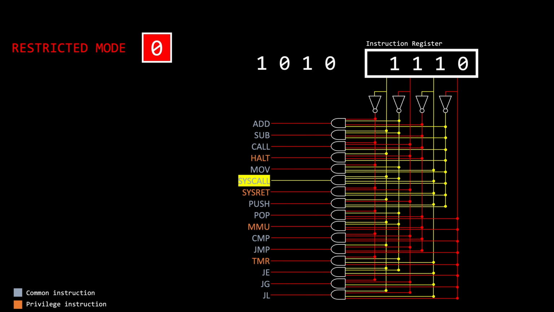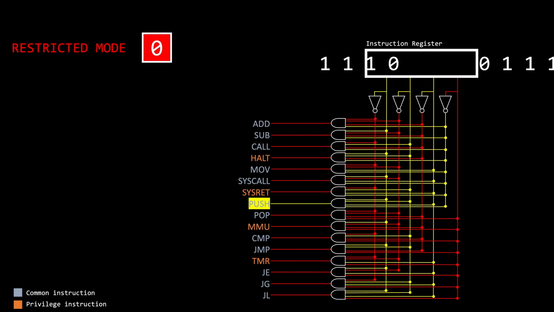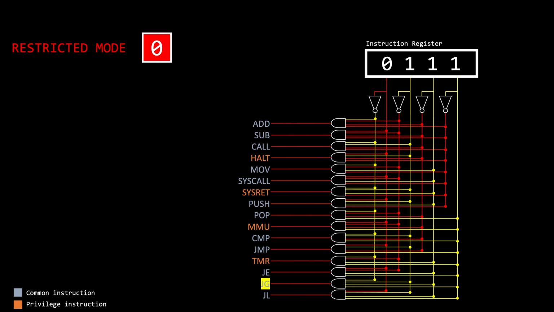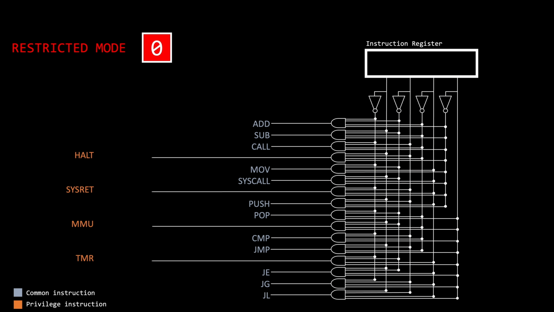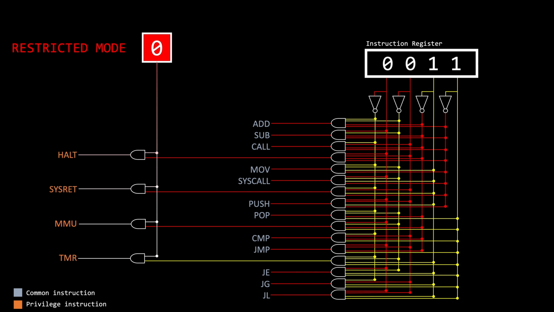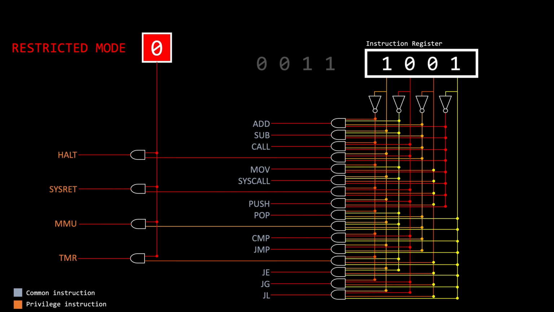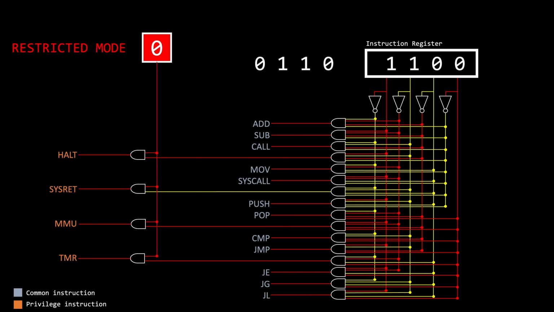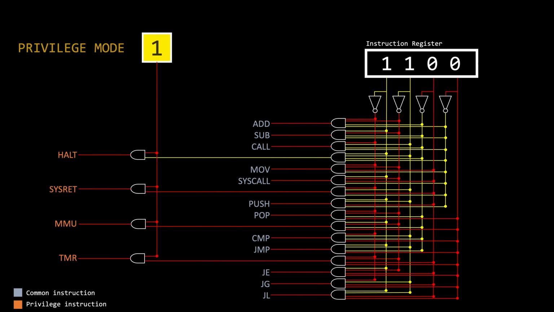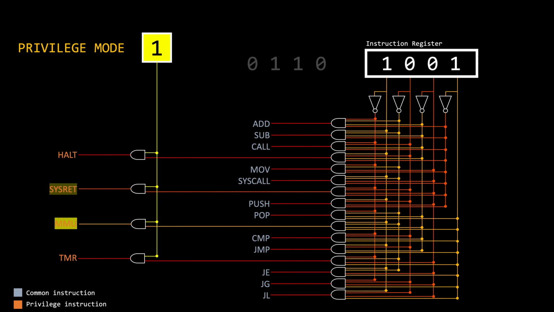The mode bit has little to no effect on normal instructions because they can be run regardless of the operational mode. However, when it comes to privileged instructions, the value held in the mode bit determines whether the running process is allowed to execute them. In this way, privileged instructions can only be executed if the processor is operating in privileged mode.